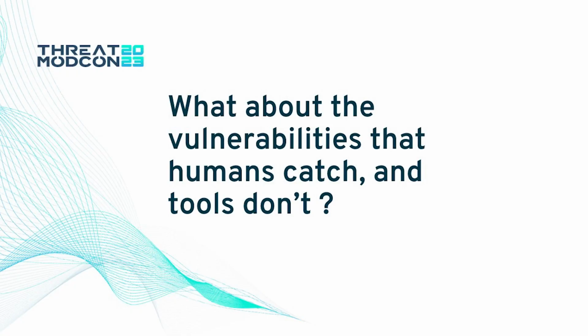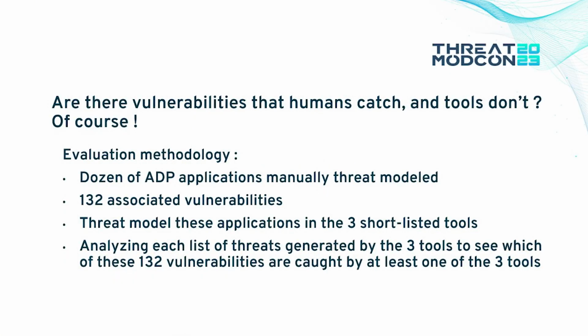So what about the vulnerabilities that humans catch and the tools don't? Of course, there are vulnerabilities that humans catch and no tool can catch at all. So, what was my methodology to evaluate them? I used an extraction of dozens of ADP applications which were manually threat modeled, and there were 132 associated vulnerabilities for those dozen ADP applications.